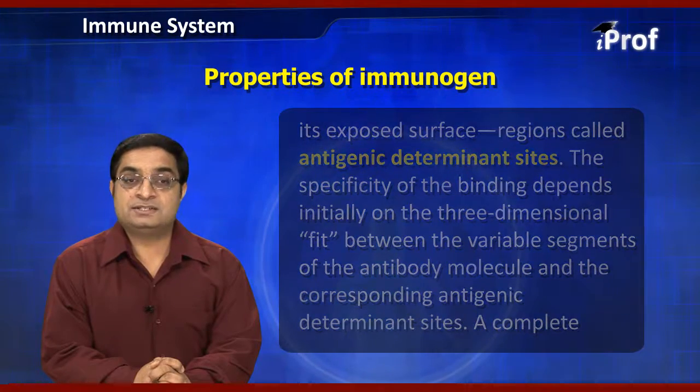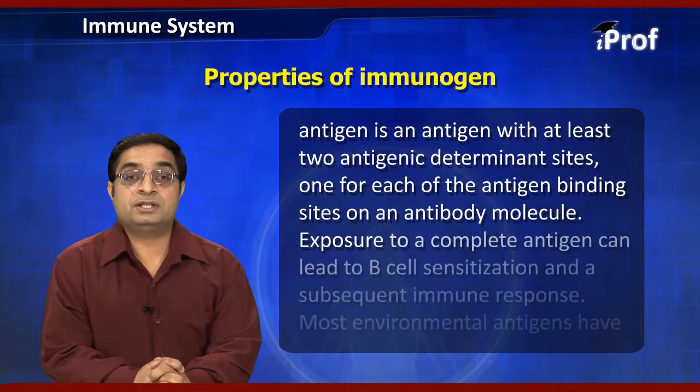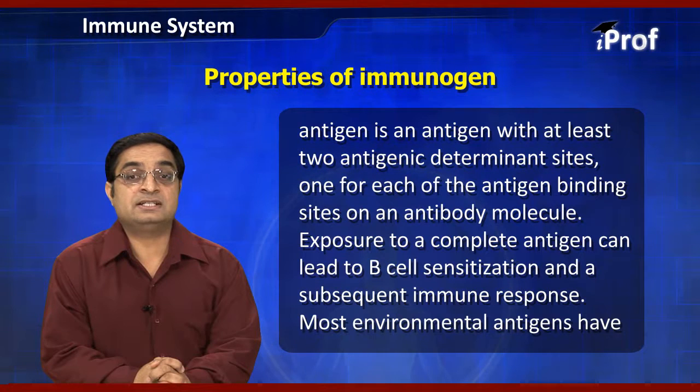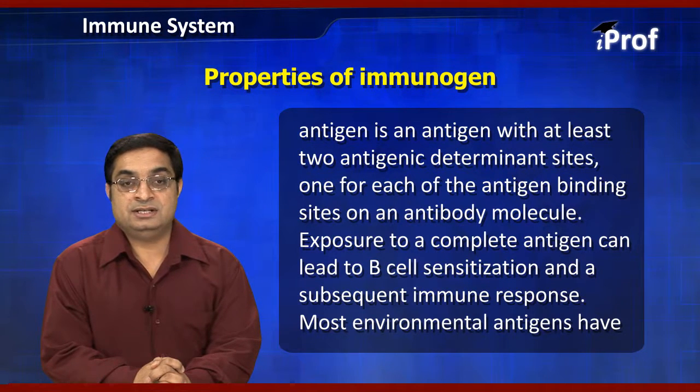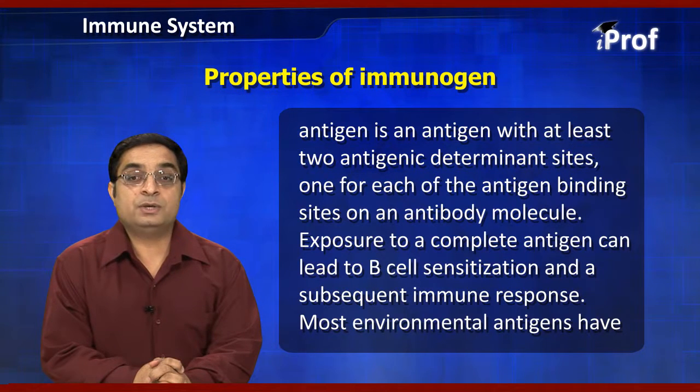A complete antigen is an antigen with at least 2 antigenic determinant sites, one for each of the antigen binding sites on an antibody molecule. Exposure to a complete antigen can lead to B cell sensitization and subsequent immune responses.